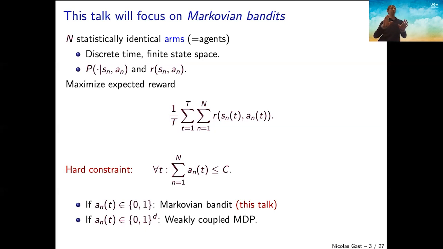Yes, at least for the purpose of the talk, all the arms will be homogeneous, which means that the transition matrix and reward do not depend on the arm identity. Somehow it could be lifted. It depends. But what we are going to do is let n go to infinity, and for that it's not mandatory, but it's simpler when everything is homogeneous.